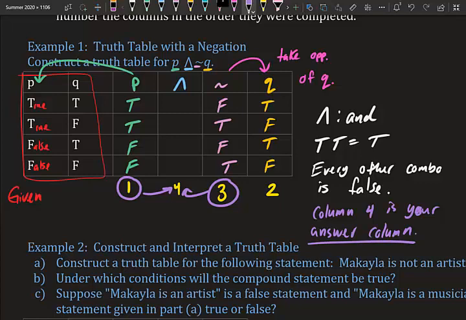The rule is you can only have T and T to be true. Every other combo is false. Also, your last column is always your answer column. So in this case, column 4 is our answer column. I'm going to repeat that because that's how it's going to be on your homework. The last column you fill out is your answer column.